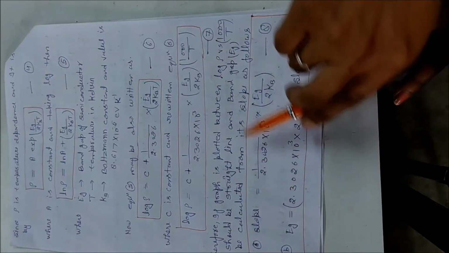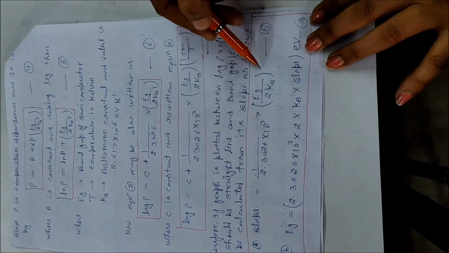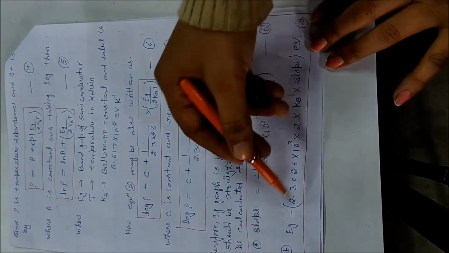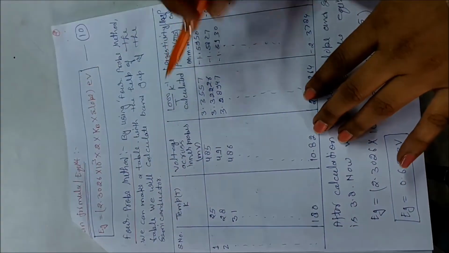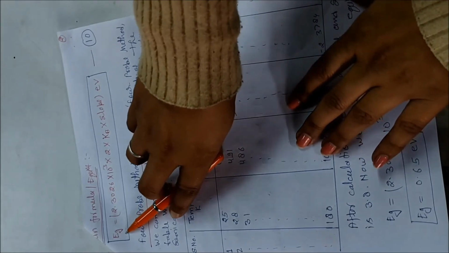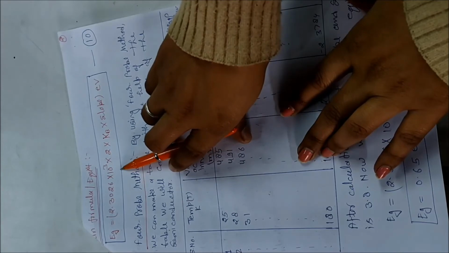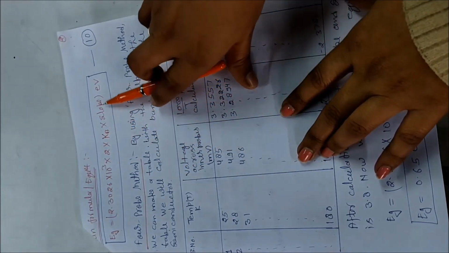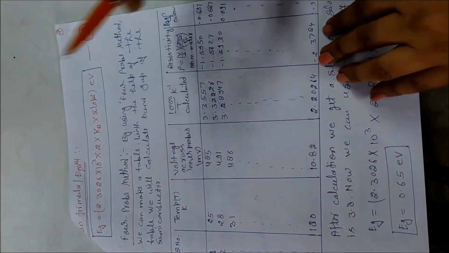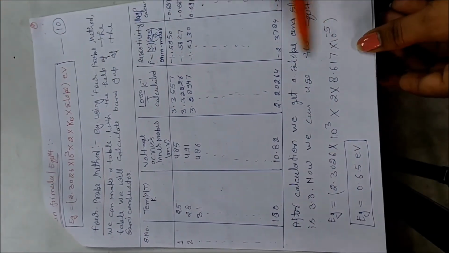The slope equals this overall constant term, and the main formula for the band gap is Eg equals 2.3026 into 10 to the power 3 into 2 kB, where kB is the Boltzmann constant, and the slope you get from the graph, in eV. And this is your experimental data.